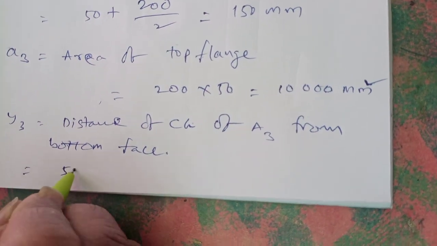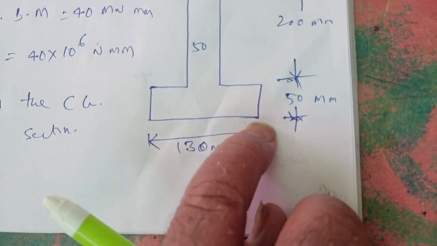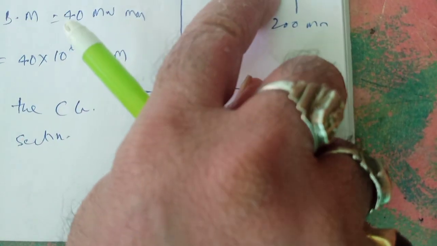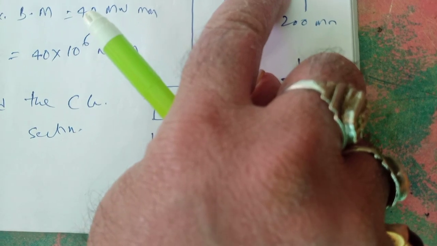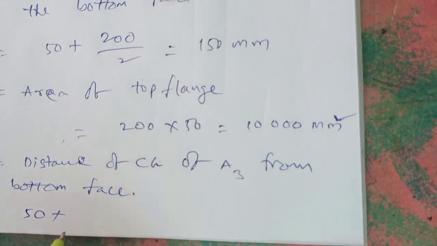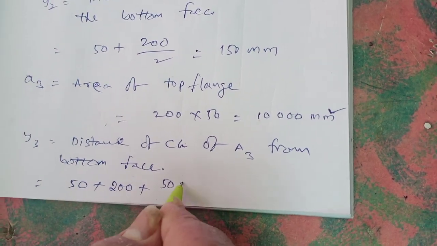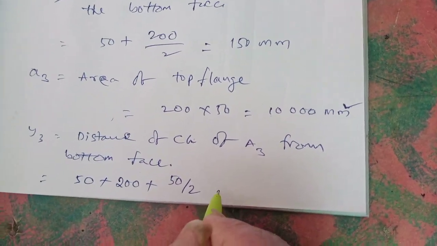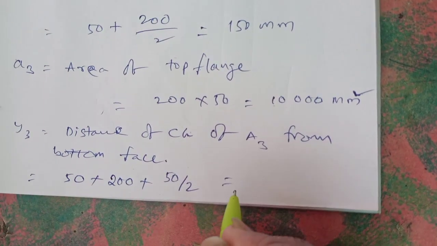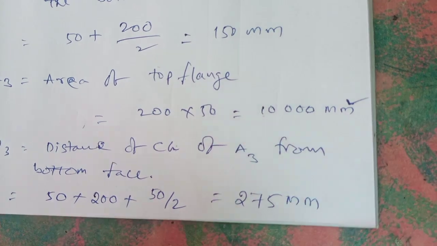That is 50 plus 200 plus 50 by 2, half of the top flange height. 50 plus 200 plus 50 by 2, that is 275 mm.